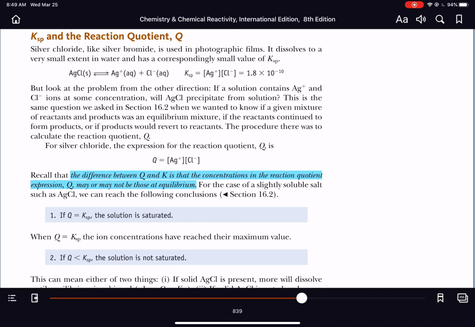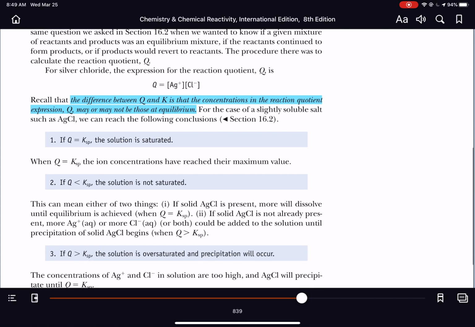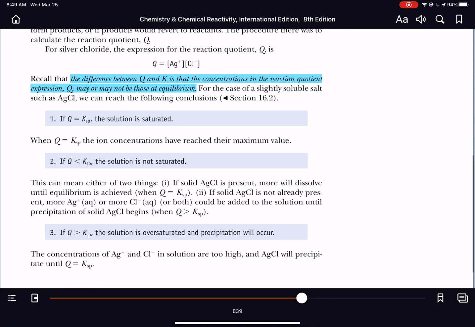That would be kind of contrived. So since we don't know whether this is going to be at equilibrium or not, we just call this letter Q, and then we're going to compare the value of Q to the value of K.